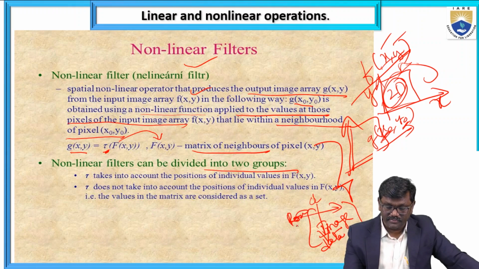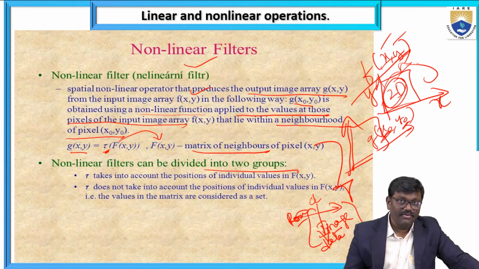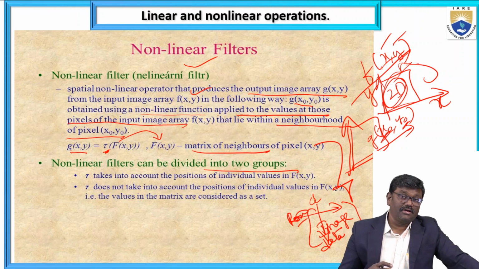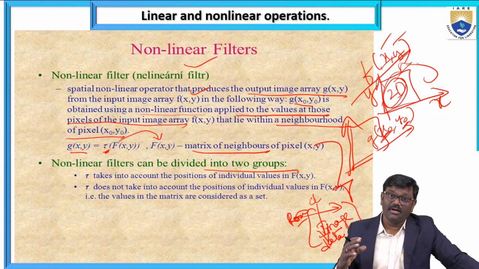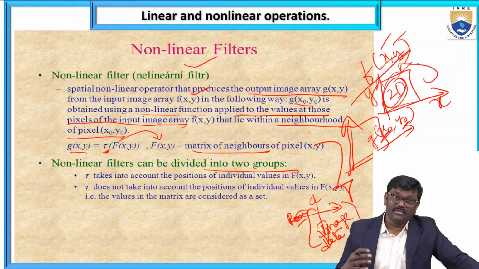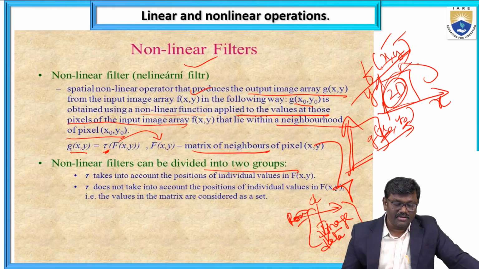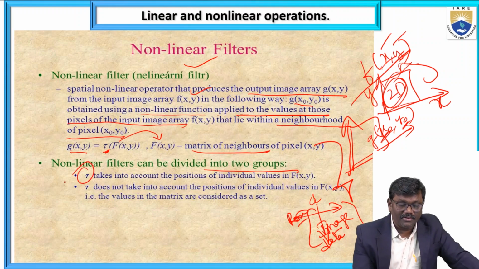Once you understand the basic value of non-linear processing between the two images you consider for the operation, based on the assumptions of one function f and another g, the operation depends upon your tau value.